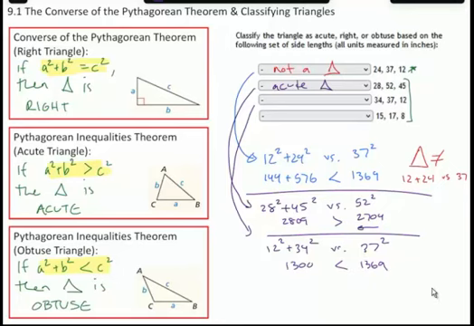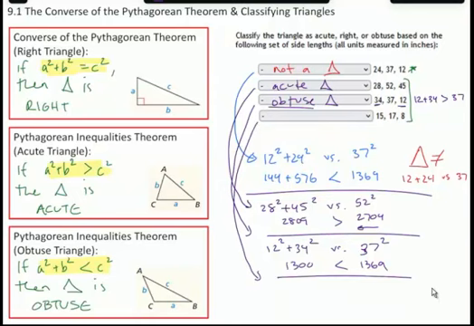We see that the longest side squared is greater than it would be in a right triangle, and we saw that pushes that longer leg to push the angle open to be an obtuse angle. So this is an obtuse triangle. Now, because it's an obtuse triangle, again, anytime you see obtuse, double check. Is the sum of these two smaller sides greater than the third side? Yes. 12 plus 34 is greater than 37. So triangle inequality is met, and that will be our correct answer.